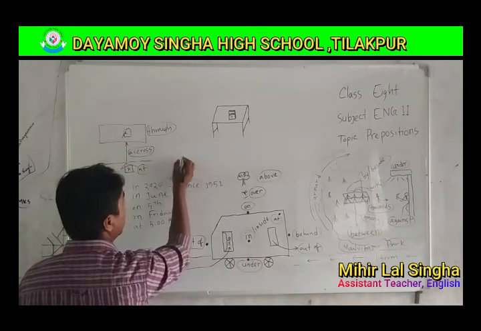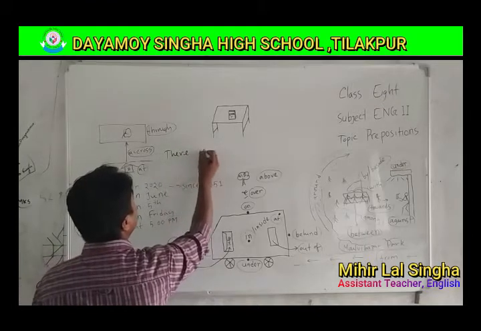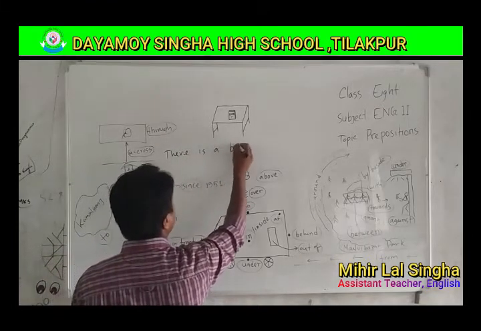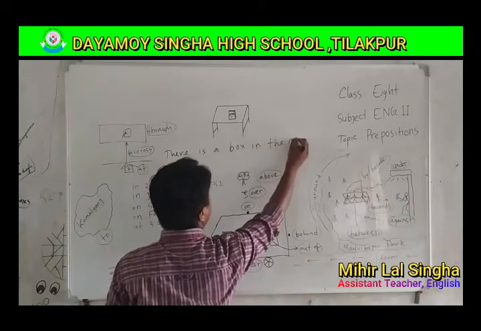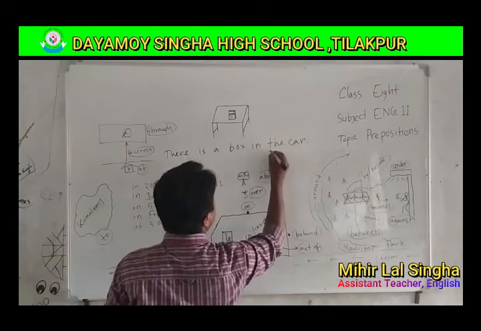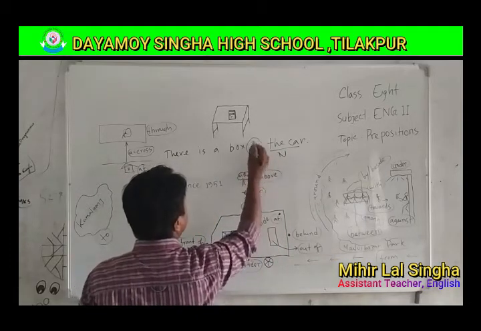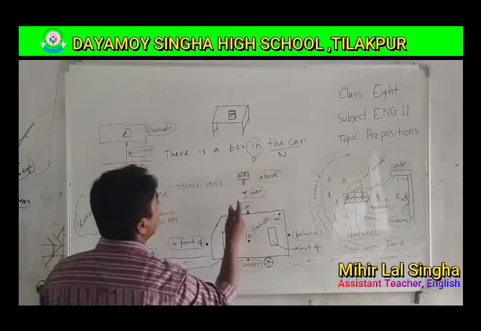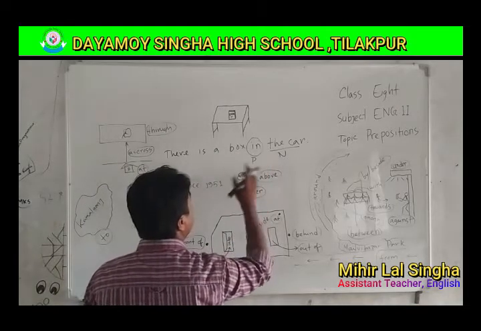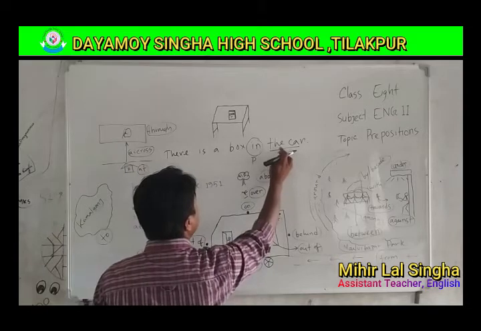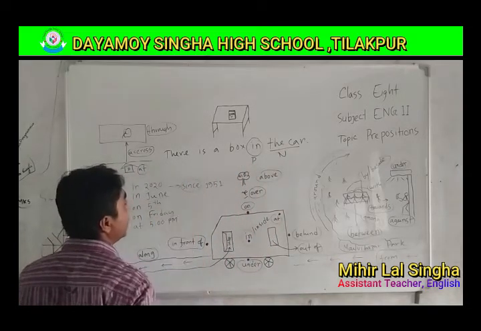So what can we write? There is a box in the car. Okay, so the car is a noun and 'in' is a preposition. So this preposition creates a relationship between the car and the rest of the words in the sentence.